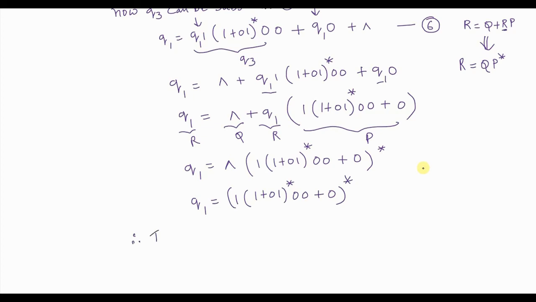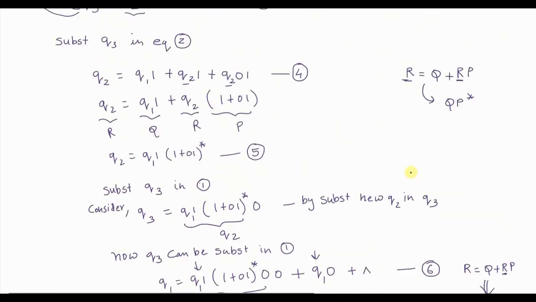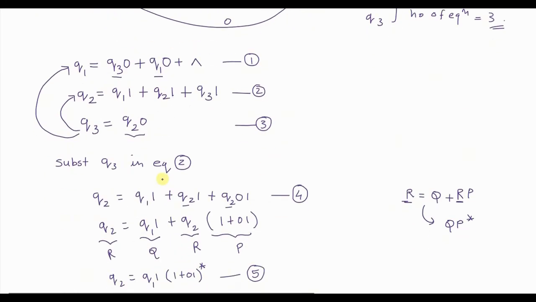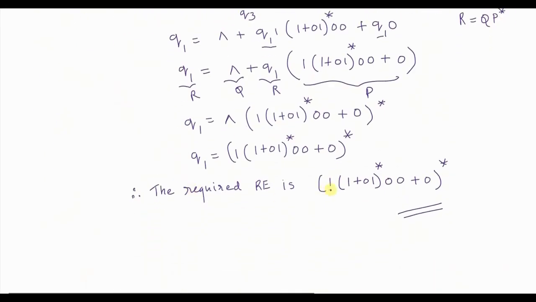Therefore, the required regular expression is (1 1 + 0 1*) (0 0 + 0) the whole star. So this is how, using Arden's theorem, any given finite automata can be converted into a regular expression.